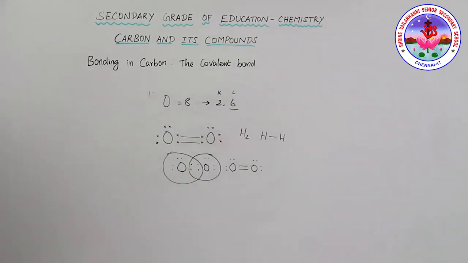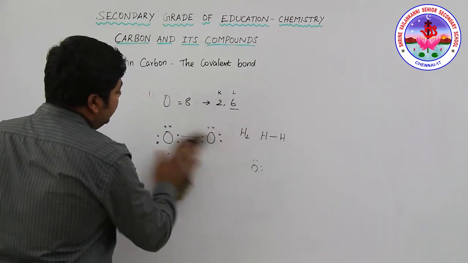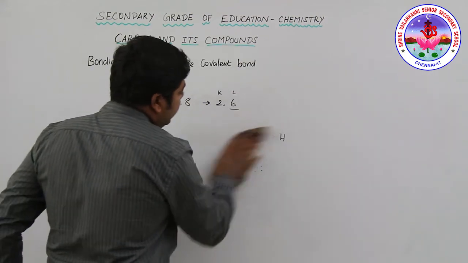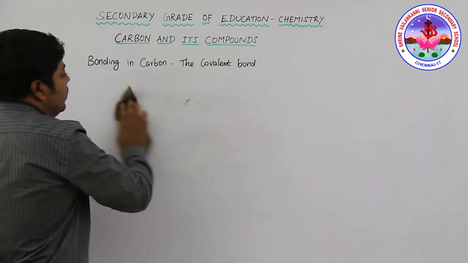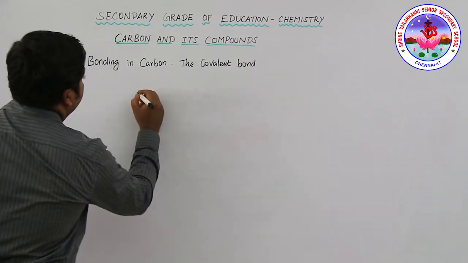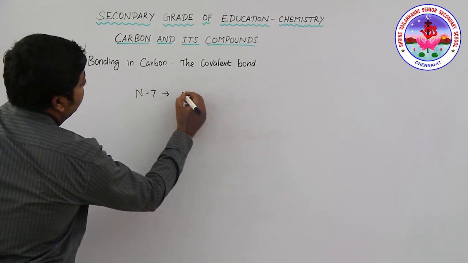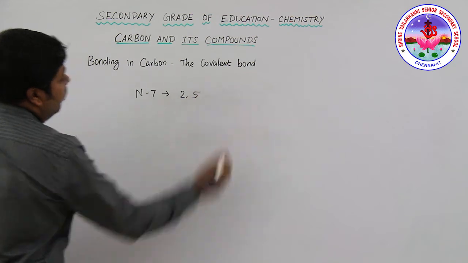In the case of nitrogen, suppose we take nitrogen, what is the nitrogen atomic number? 7. Nitrogen atomic number is 7, so the electronic configuration is 2, 5.